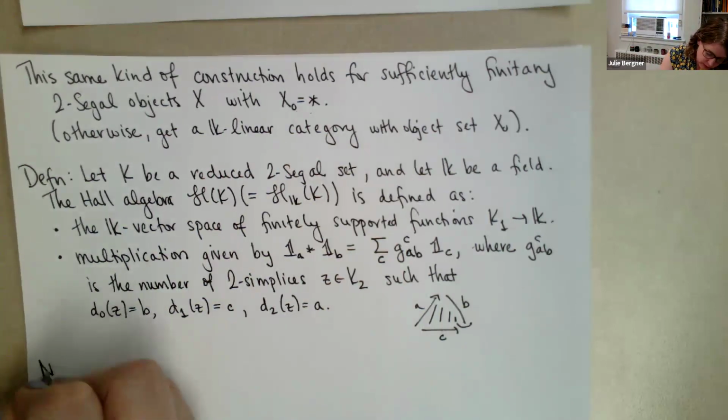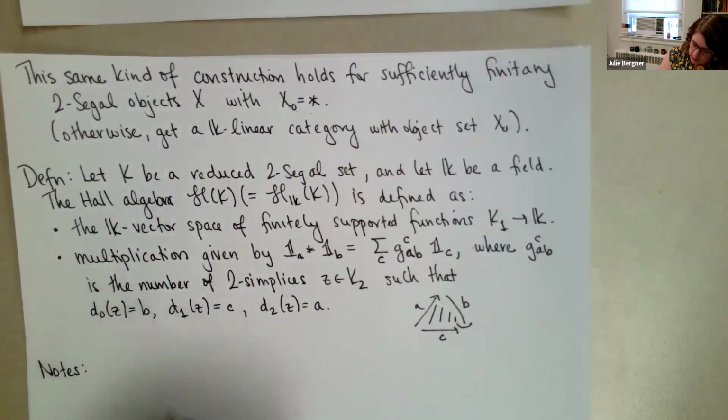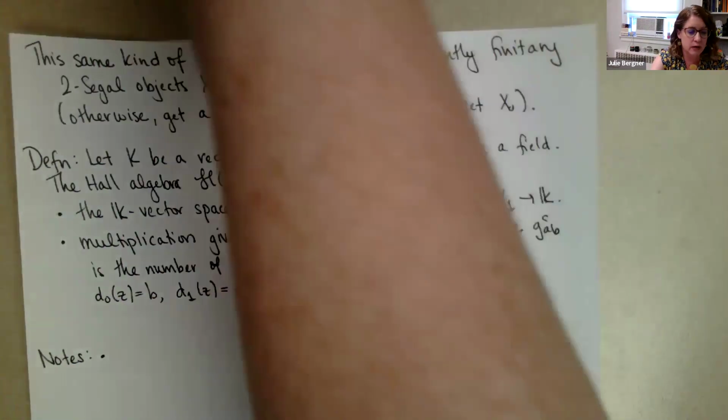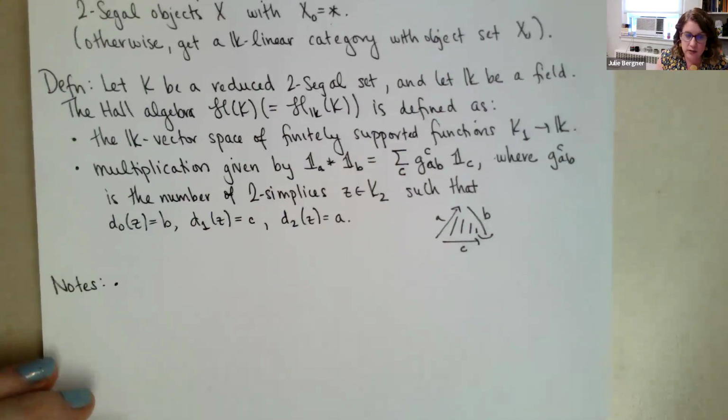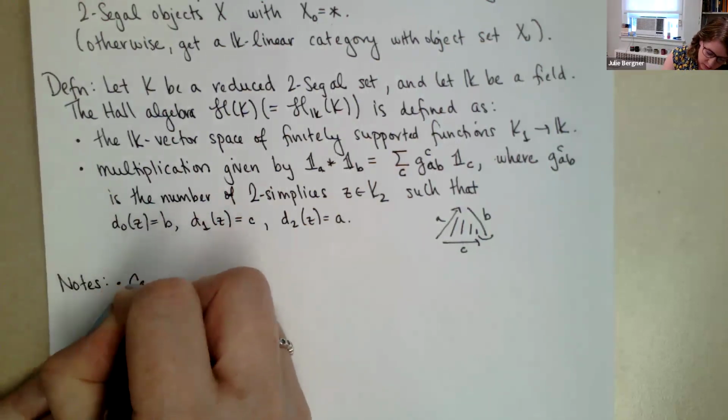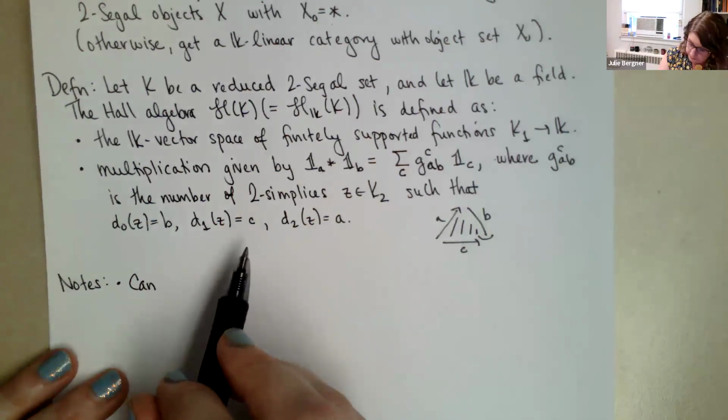Now, just a couple of remarks. The construction that I described before for abelian categories, we more naturally had a 2-Segal object in groupoids, and then we just took isomorphism classes of objects. And we can do that here.